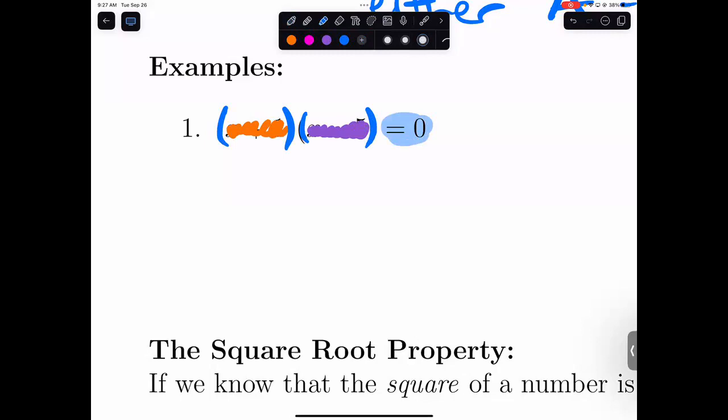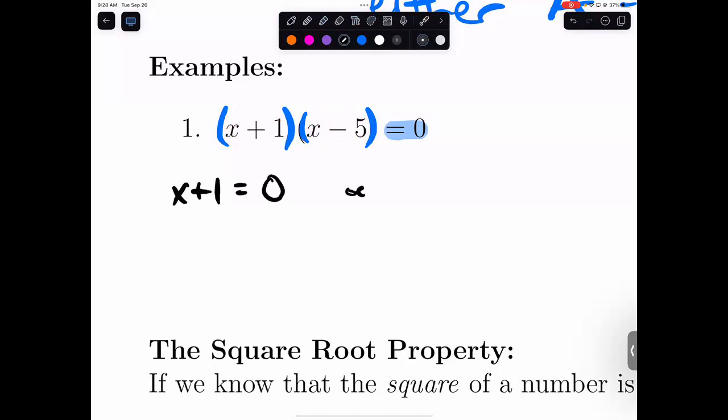You multiply two things and get zero, what do you know? One of them is zero. Either this is zero or this is zero. So either x plus 1 is 0 or x minus 5 is 0.